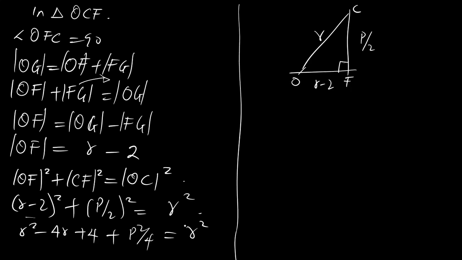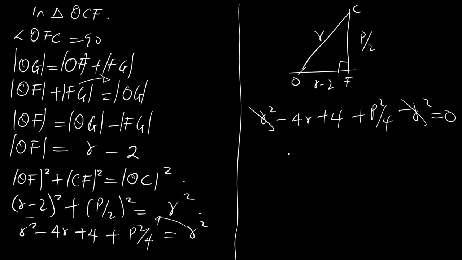Now let me move this R squared to the other side. You now have R squared minus 4R plus 4 plus P squared all over 4 minus R squared equal to 0. So this will cancel out this. You now have minus 4R plus 4 plus P squared all over 4 equal to 0.